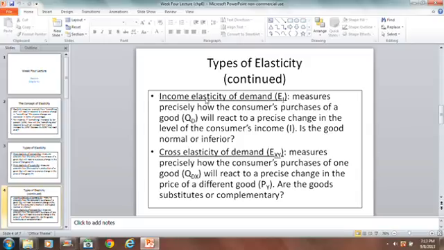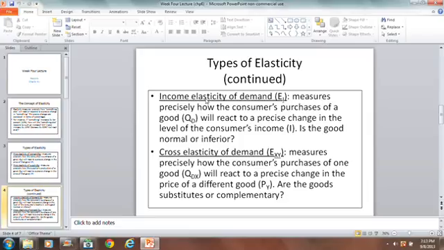So what income elasticity of demand allows us to do is determine whether a good is normal or inferior. If the income changes by a certain amount, how will it affect consumer purchases? Will consumer purchases go up? Will consumer purchases go down? And by what percentage?